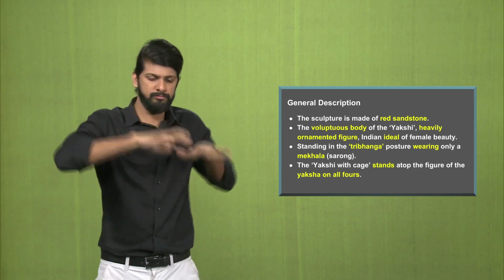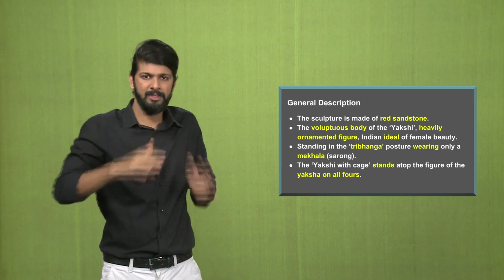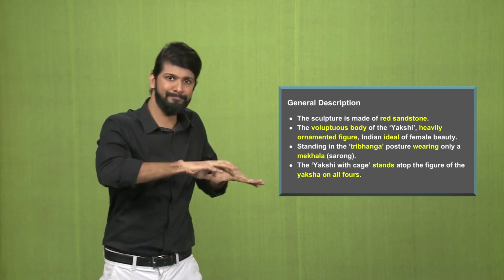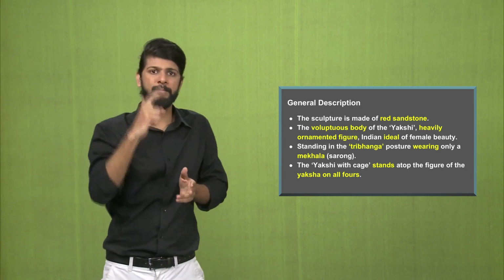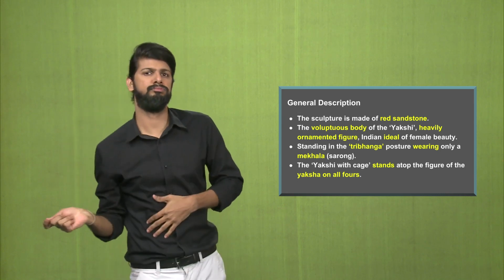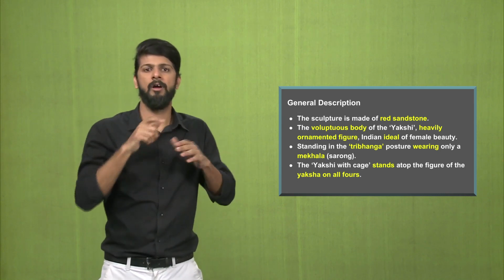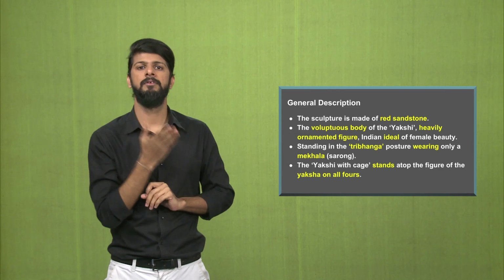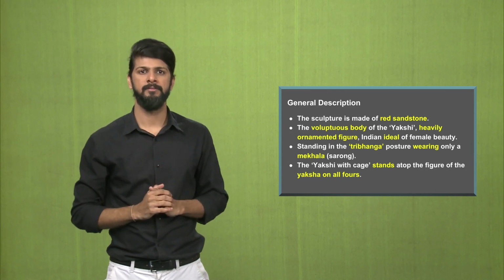The Yaksha is on all fours, while the Yakshi stands on top of the Yaksha. That is how the sculpture is depicted.